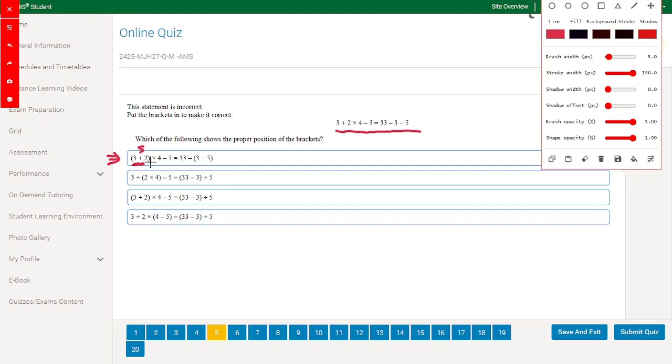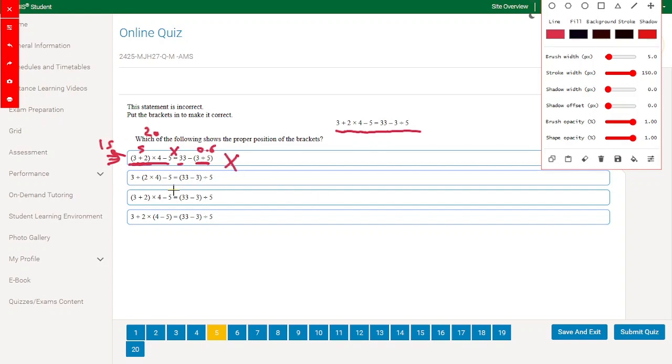Here 5 multiply 4 is 20. 20 minus 5, so it will be 15. And here 33 minus 3 divided by 5. 3 divided by 5 will be 0.6. 33 minus 0.6 will be 32.4. So the left hand side is not equal to the right hand side, so this will be a wrong answer.